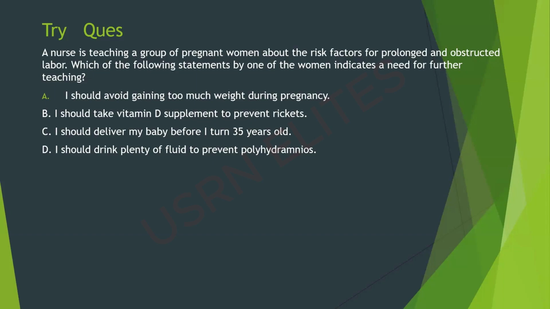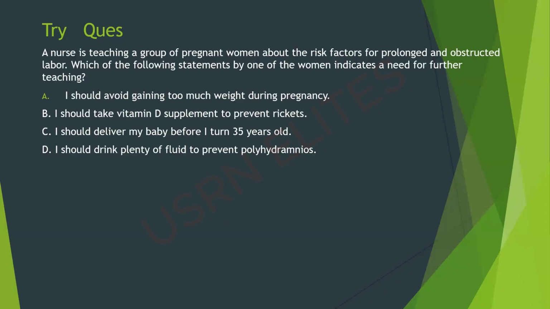Yes, please. I think it's D. I should take vitamin D to prevent rickets. So when the mother says that, she needs further teaching because it's not a risk factor for prolonged and obstructed labor. Is that it? All right. Thank you. Any other?